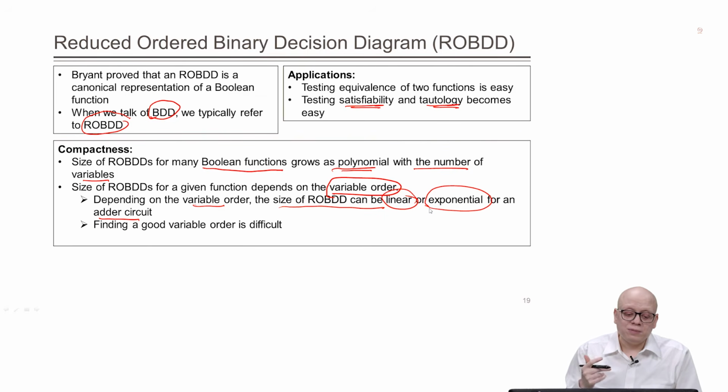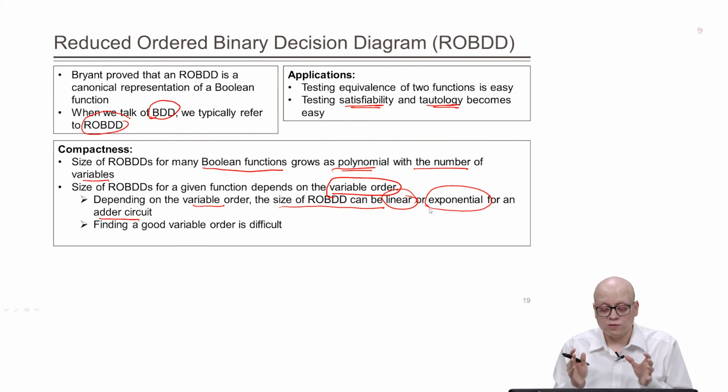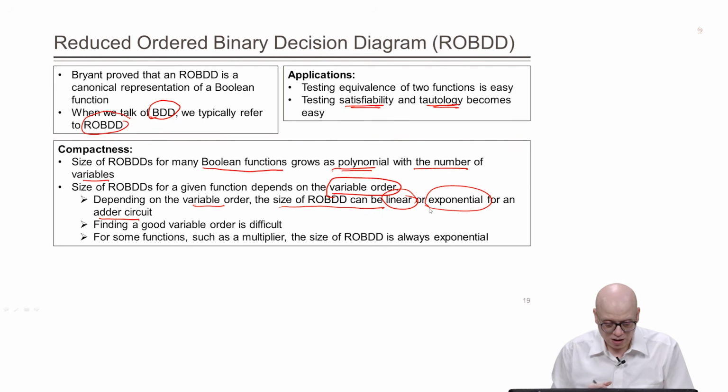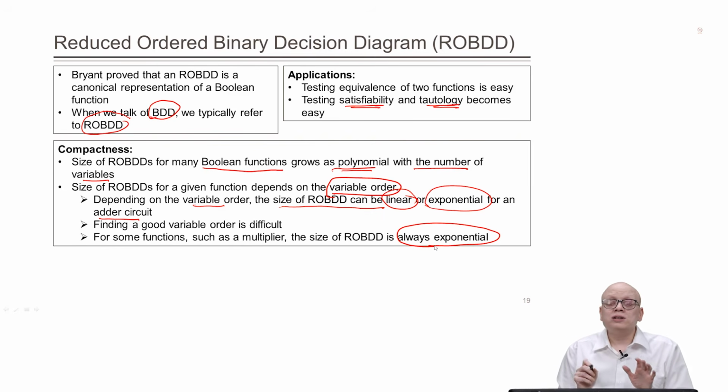But the problem is that finding a good variable order is difficult, and BDD packages use various heuristics to come up with a good variable order, so that the size of the representation remains compact. For some functions such as the multiplier, the size of the ROBDD is always exponential. So, we should not think that an ROBDD is always compact and that we can always make it compact by choosing a good variable order.